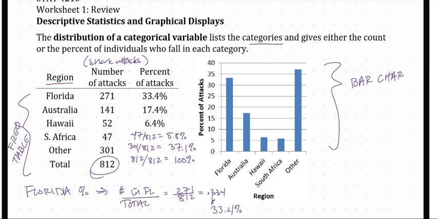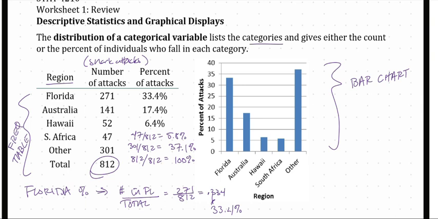Bar charts are preferred to things like pie charts because they are an easier, more visual way of getting the relative frequencies of each group to the other. So for example, we can see that Florida, if we're plotting the percent of attacks, has about twice as many attacks as Australia.